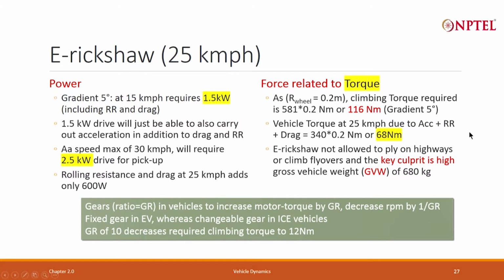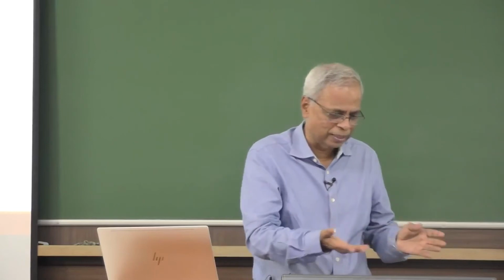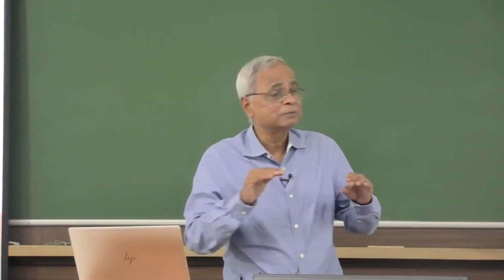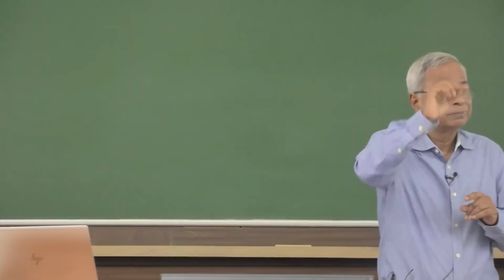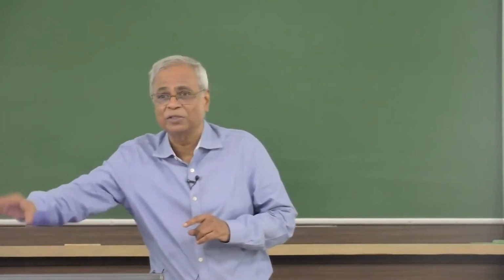But if I look at traveling at 25 kilometer per hour constant speed, 68 Newton meter, you divide it by 10, 6.8 Newton meter, that is easily doable. In fact, e-rickshaw motors are designed at approximately 1200 watt normal power, and peak power can go up to closer to 1.7, 1.8 kilowatt. So, it will take care of all these requirements.